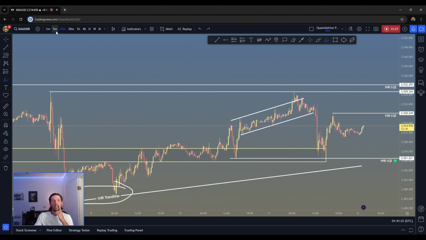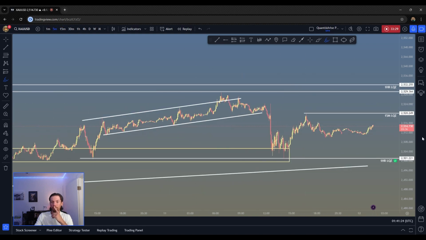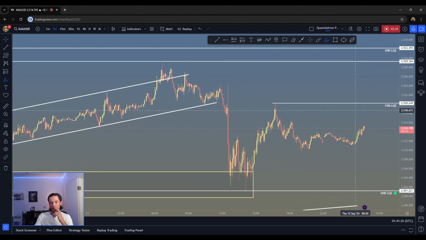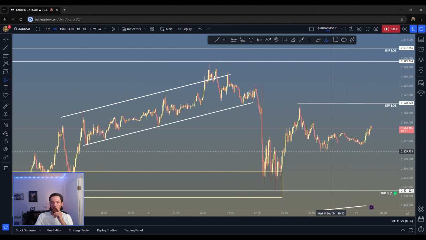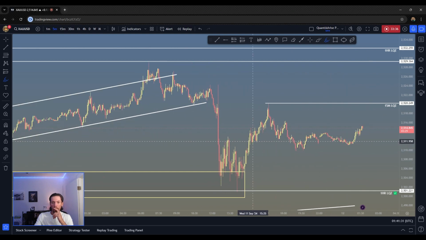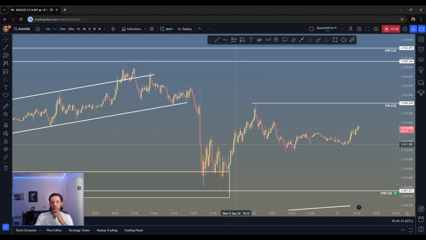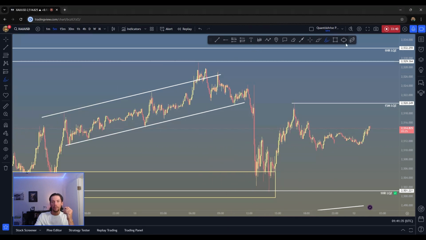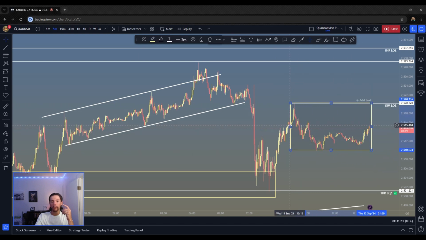Our 5-minute time frame. Where are we at? So I'm not really seeing a whole lot other than this little liquidity zone. I'm just going to mark this area until I have some type of price develop in here.